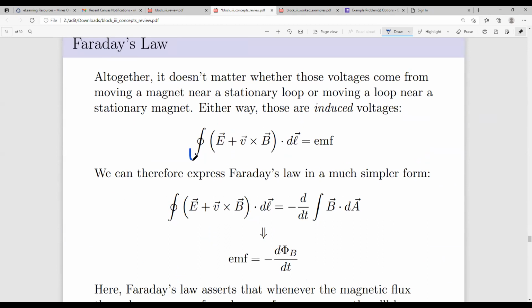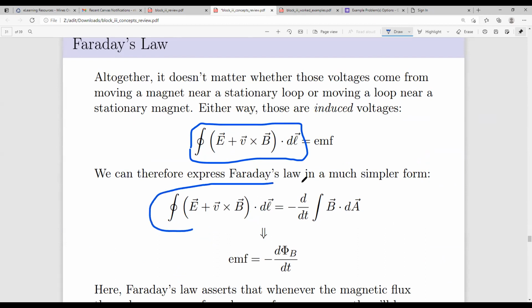So really, the left-hand side of Faraday's law is just EMF, the induced electromotive force. And so we can express Faraday's law in the much simpler form that we're used to. It went from this big, scary equation on the equation sheet to all we have to worry about: the EMF is equal to the negative derivative of the magnetic flux. That's all we have to worry about.